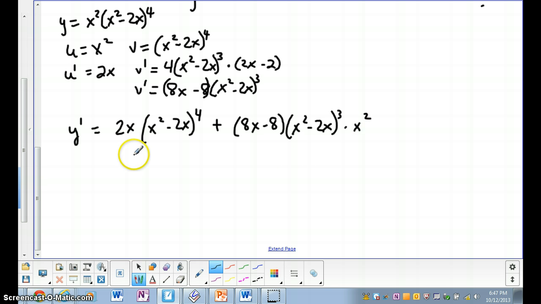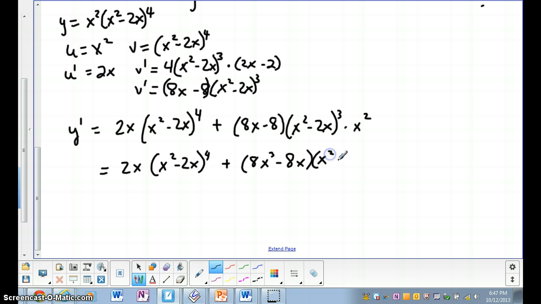Okay, let's go ahead and simplify. And if we multiply here, we have 8x cubed minus 8x times the x squared minus 2x to the third power.